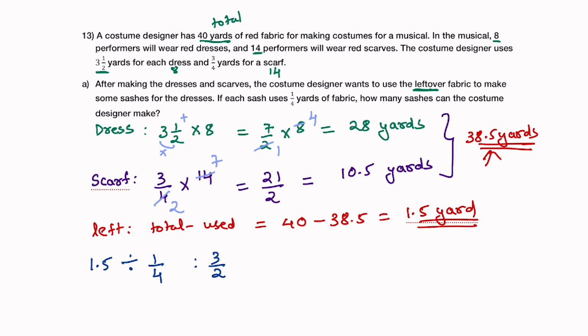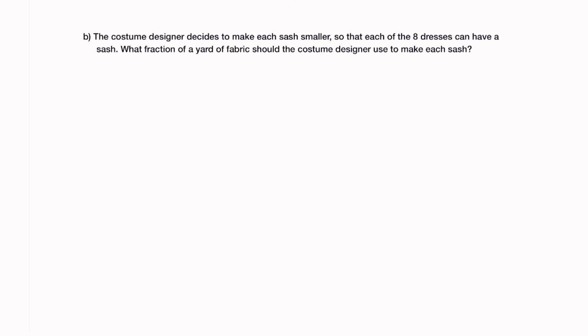So 3 by 2 divided by 1 upon 4, rewriting 3 upon 2 times, we inverse this, 4 upon 1. So 2 times 1, 2 times 2, which means we have 3 times 2, that's 6. So she can make 6 sashes from that.